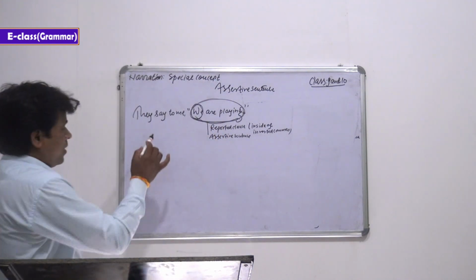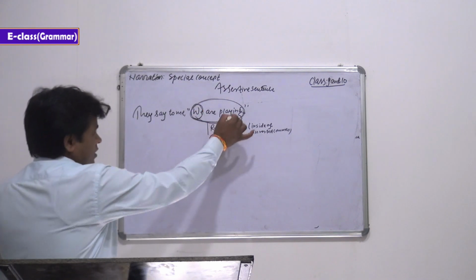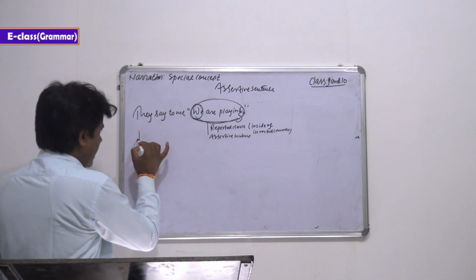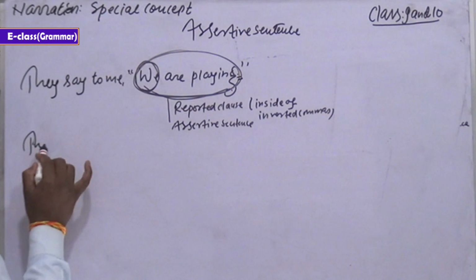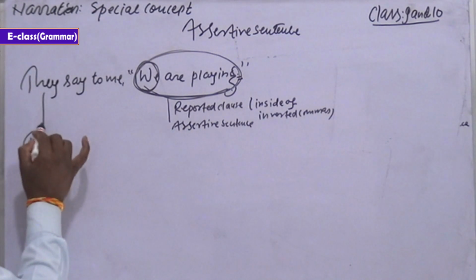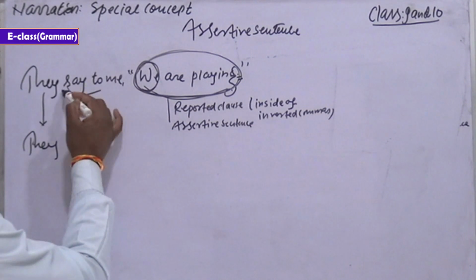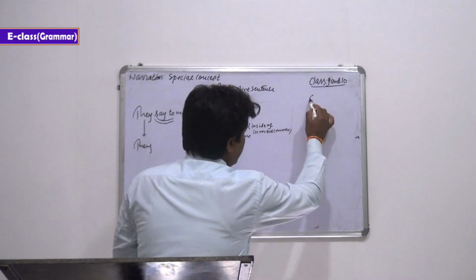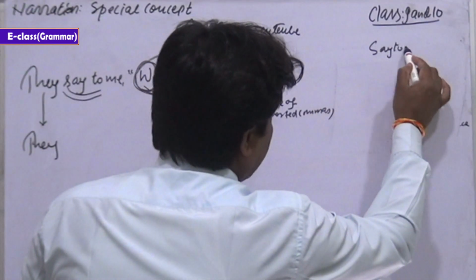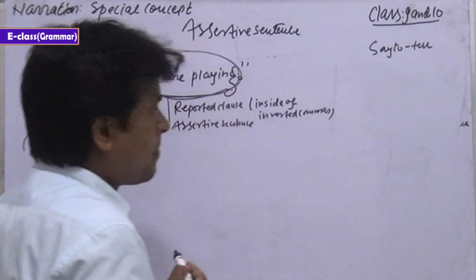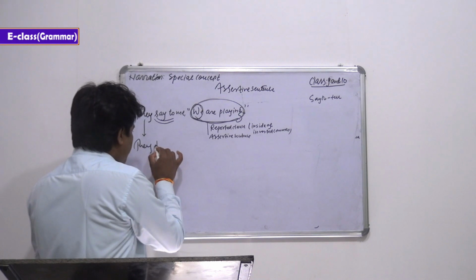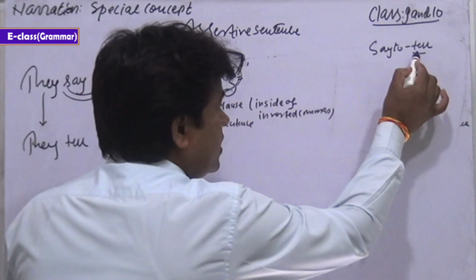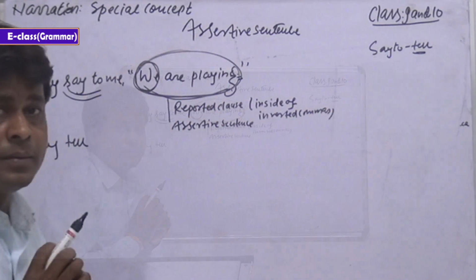So, see here. While changing this assertive sentence into indirect speech, my dear students, what must you know here? They is the reporter, so the speaker remains the same here. Say to is changed into tell. Don't write tell to here, because tell doesn't take a preposition.